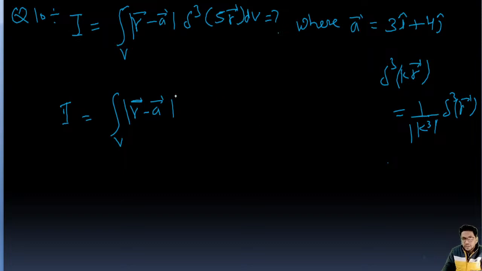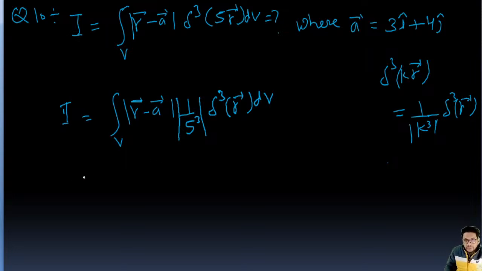Okay, we'll use this property here, so it is going to be 1 upon 5 cube mod, and this is going to be del cube r vector dv. Okay, so 1 upon 5 cube mod is going to be 125, right?